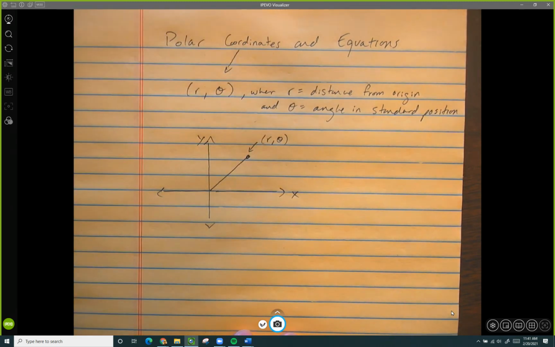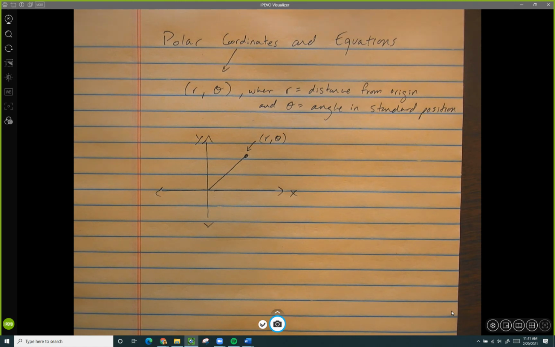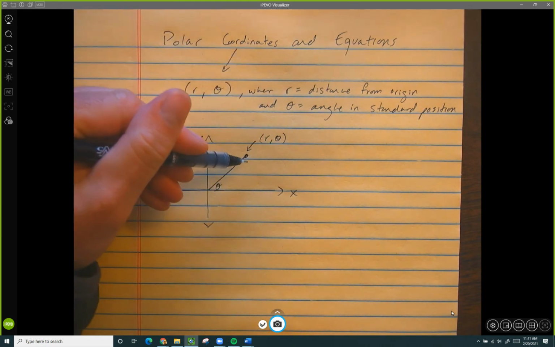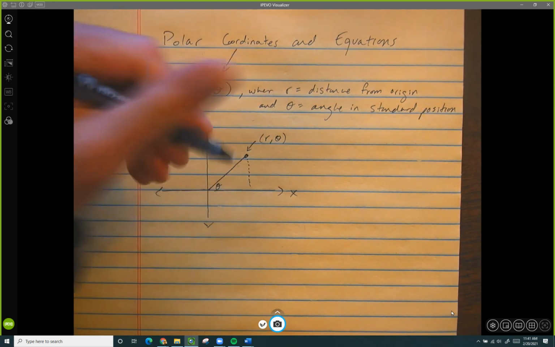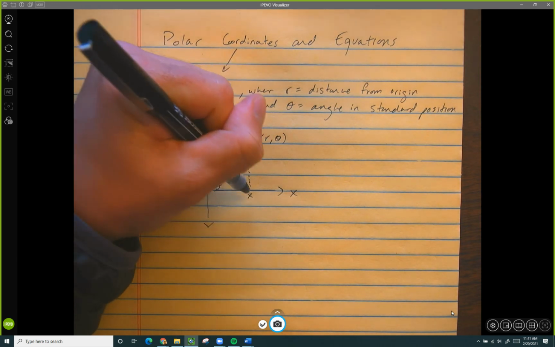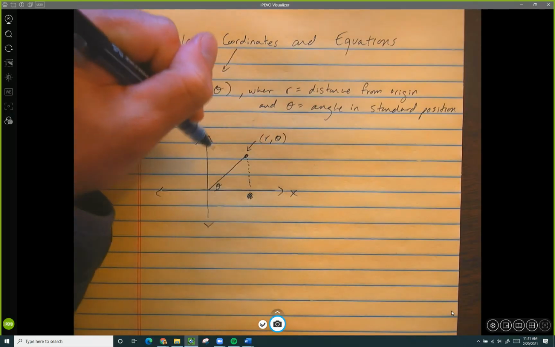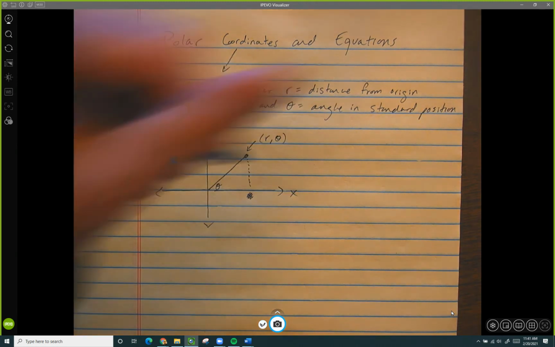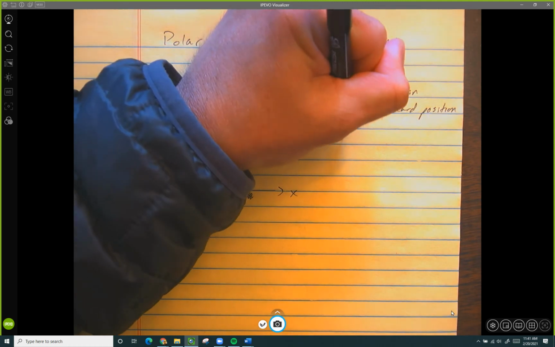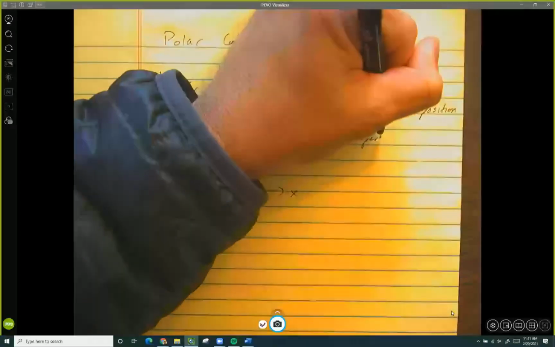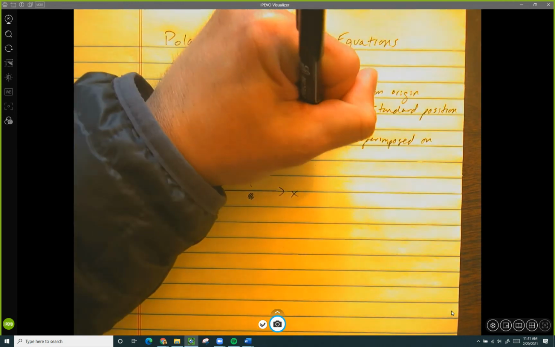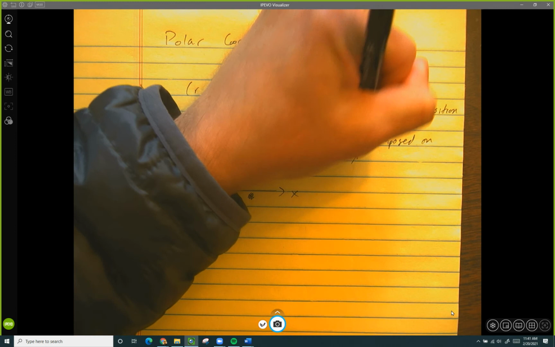And we're in a coordinate plane. Right, so you have a theta here, x value here. Well, r comma theta can be superimposed on an xy plane.